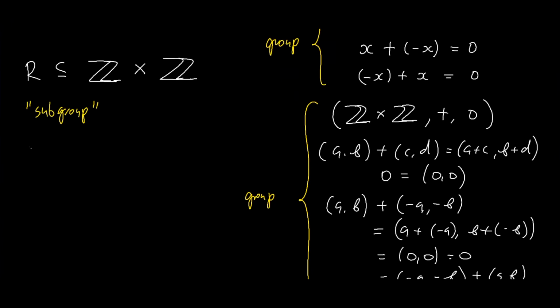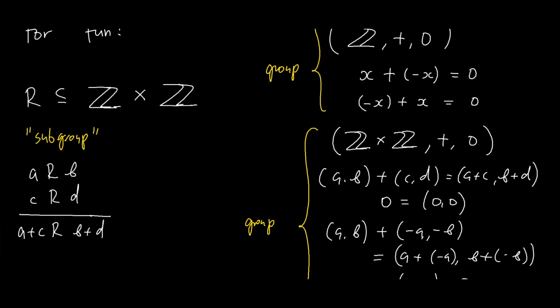So if the pair (a, b) and the pair (c, d) are related, let's actually write in terms of our previous scheme, so if a is related to b and c is related to d, now think of these as ordered pairs, then we want the sum of those ordered pairs to still be in the relation, but that sum is obtained by adding them coordinate-wise, so that will be a plus c is related to b plus d. So being a subgroup means that it's closed under the operation of addition.